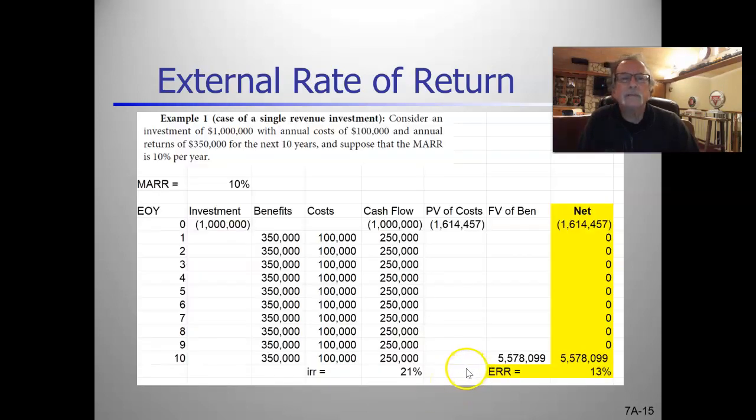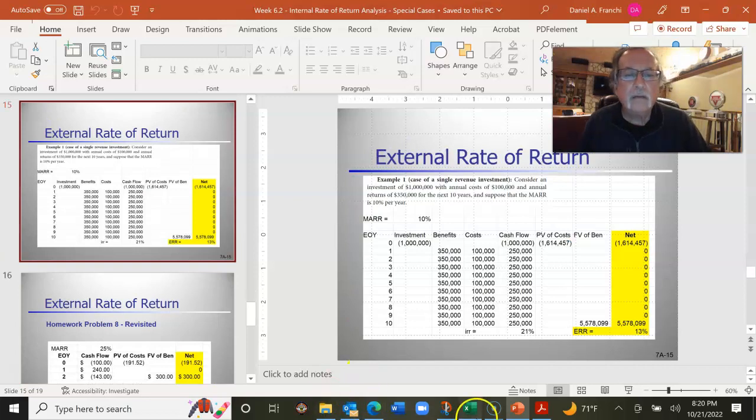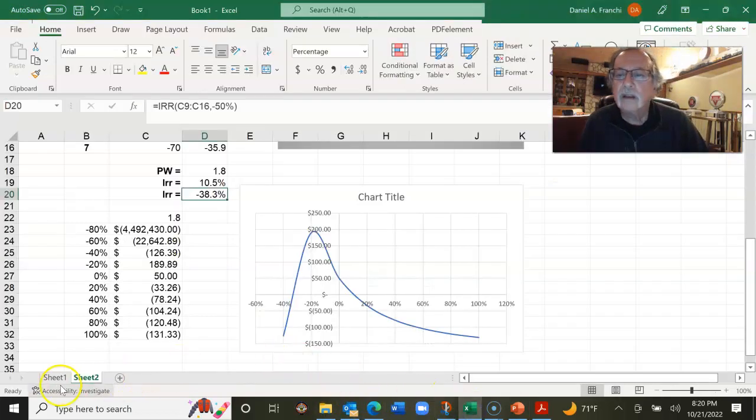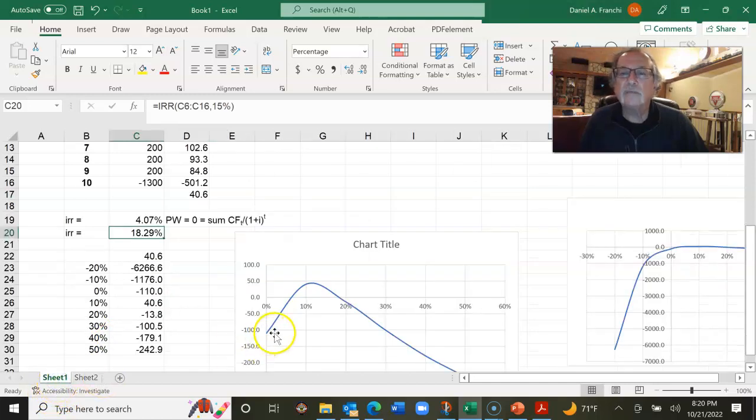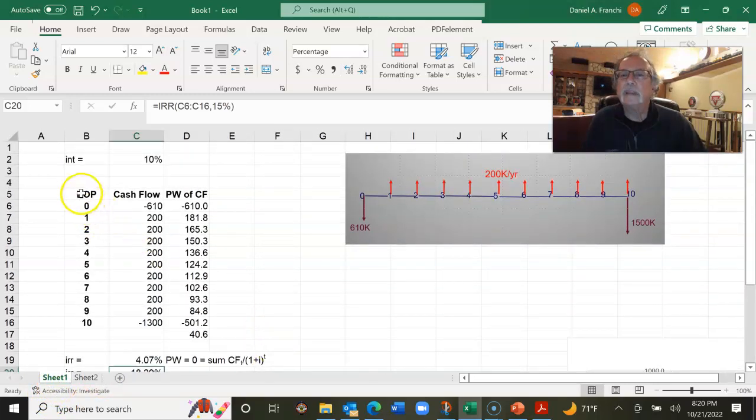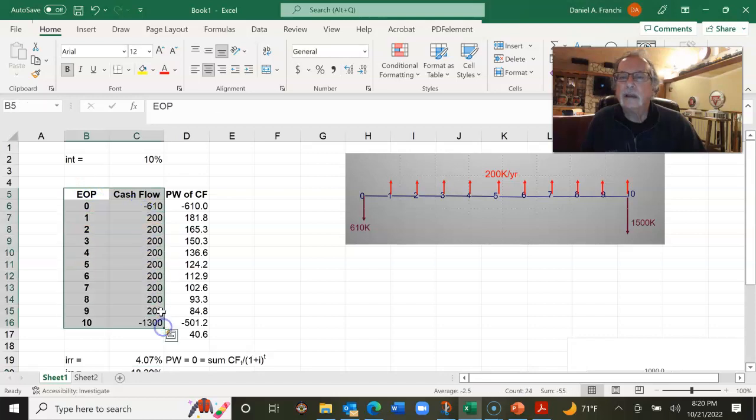So let's go back. I want to show you an example from what we've just done. Let's go back and look at this project right here. So we're going to copy this.